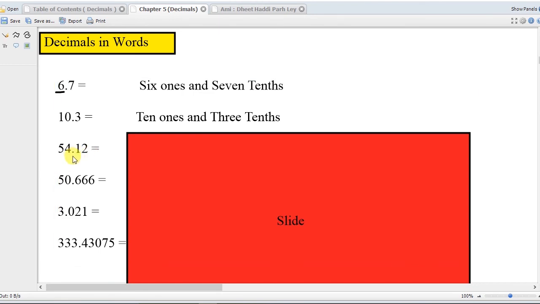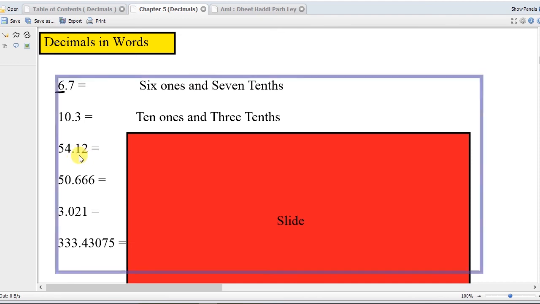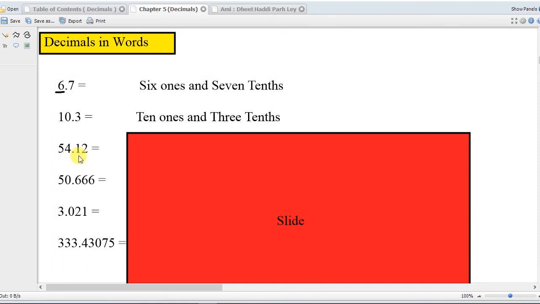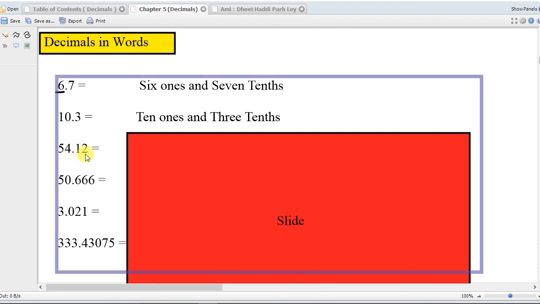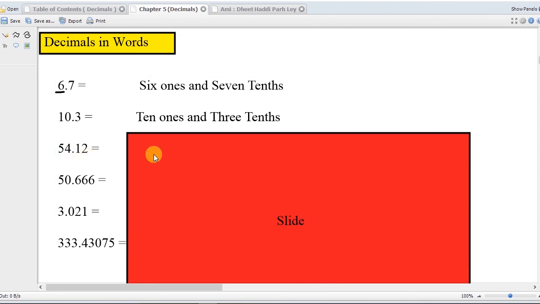So it's 54 ones and 12 what? It's 12 hundredths, or simply 54.12. When we talk about them with respect to their place values, then you can pronounce it as a collective number, which is 12. So 12 hundredths.